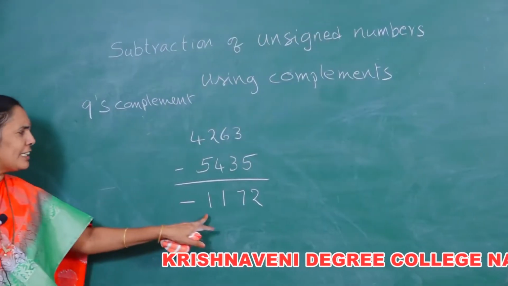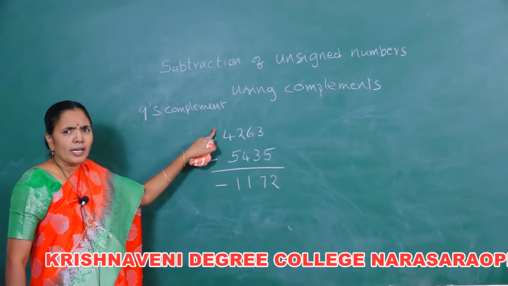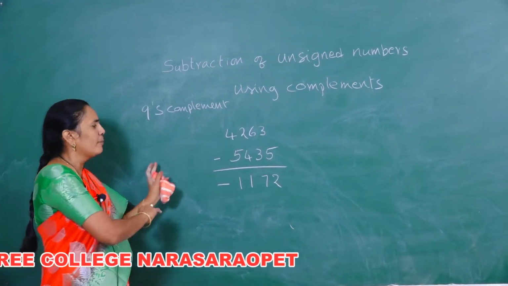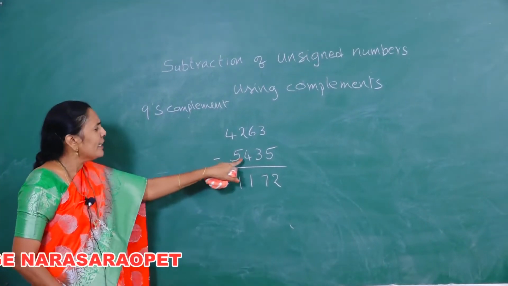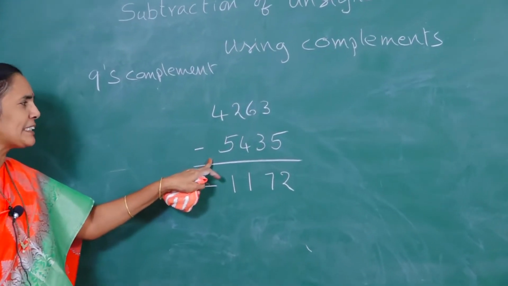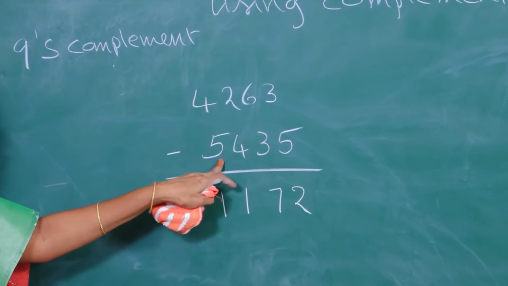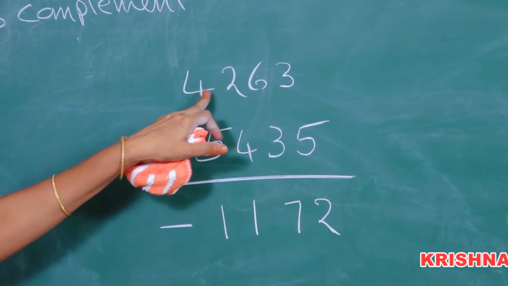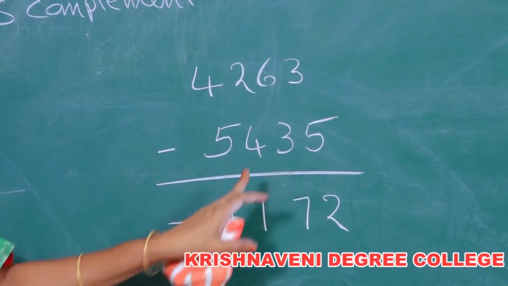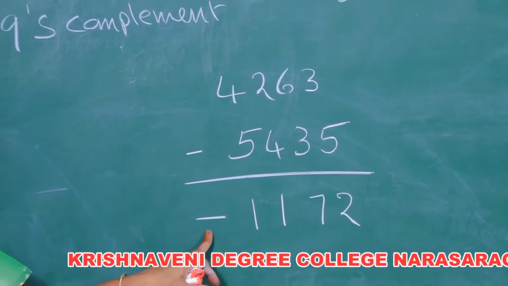So here this is the normal decimal subtraction which we have seen in the previous explanation. When the lower number is larger, then we have to take the minus sign as common and we have to perform subtraction of 4263 from 5435 and add a minus sign before it.